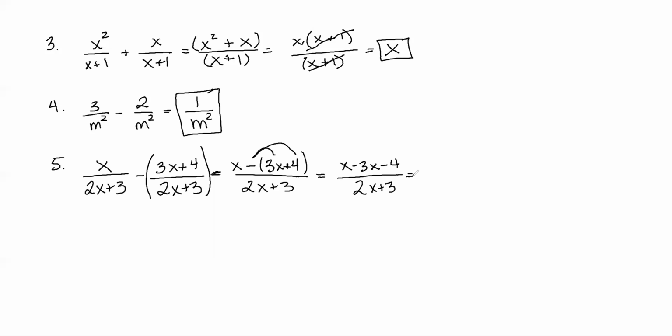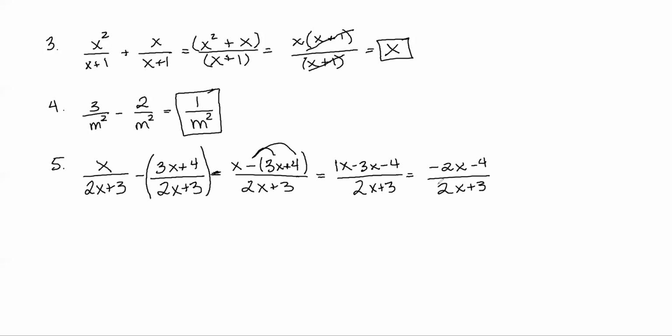And notice how before we try to do any simplifying by factoring and canceling, we're always going to make sure the numerator is completely simplified. So we're going to combine x minus 3x. So 1 minus 3 is negative 2, so negative 2x minus 4 over 2x plus 3.